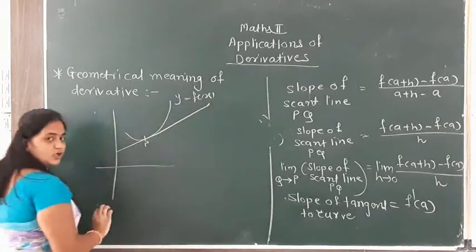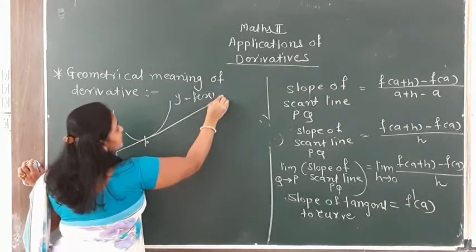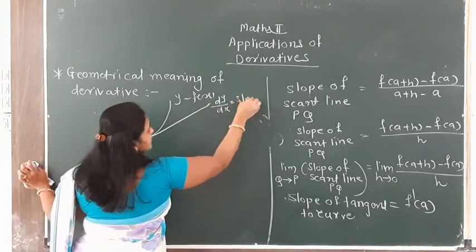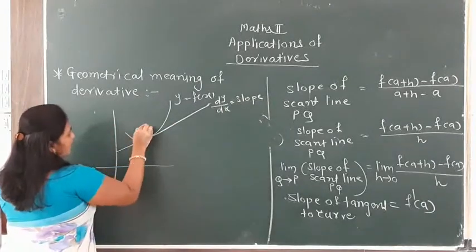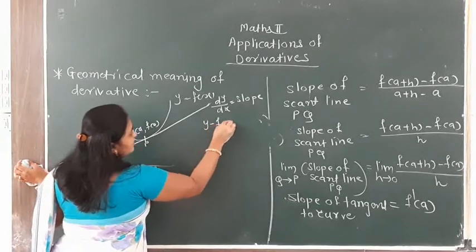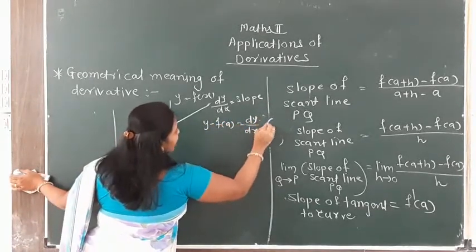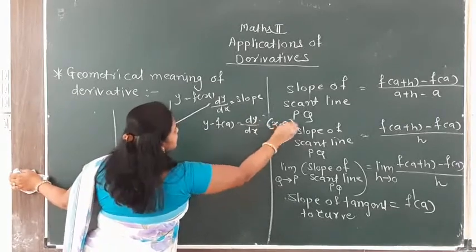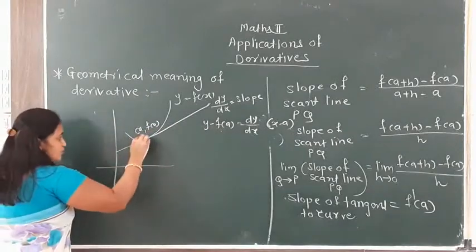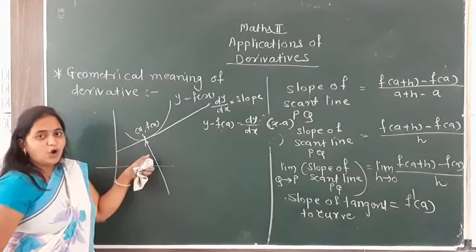Here we can find the derivative of y with respect to x, which is the slope of the tangent, and by using the point a comma f of a and the slope point formula, y minus f of a is equal to dy by dx multiplied by x minus a. So this is the equation of this tangent. Now suppose one line perpendicular to this tangent is called a normal.